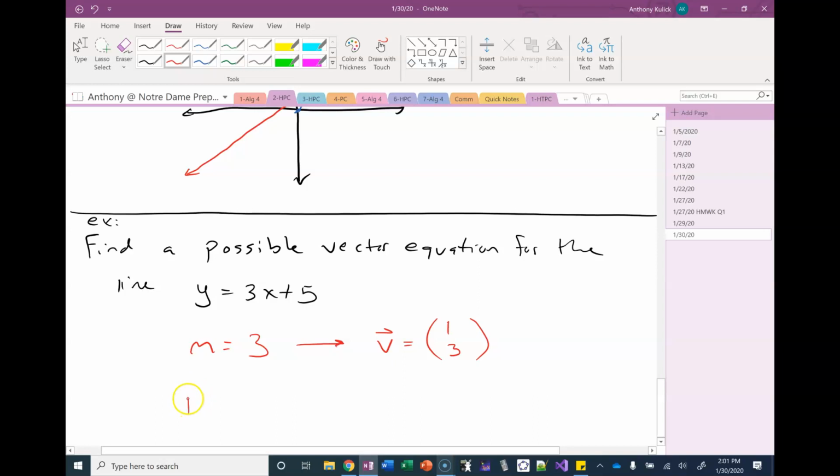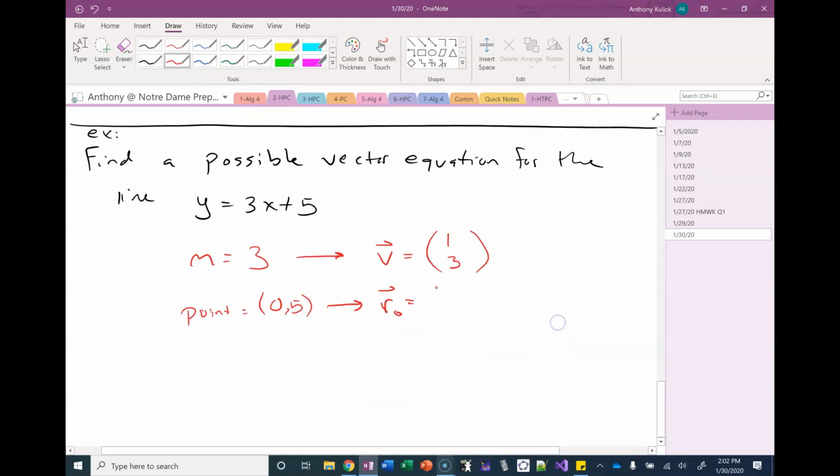Then we need a point from this line. What's a point from this line? Somebody said 0, 5, I heard. That would be fine. So that's going to become the point vector R naught. What is that vector? It's going to be 0, 5.